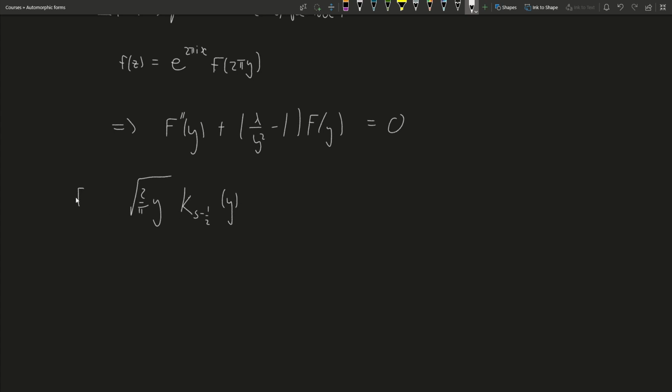This is F of y. And here, the K-Bessel function is defined according to some integral.